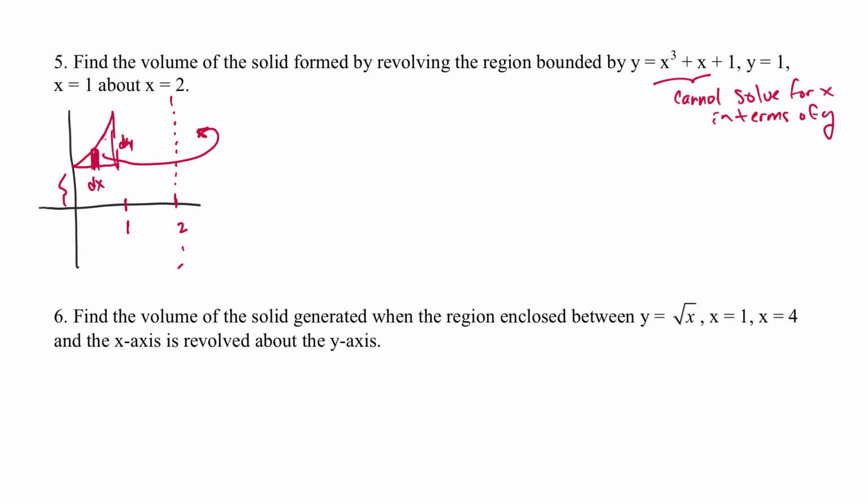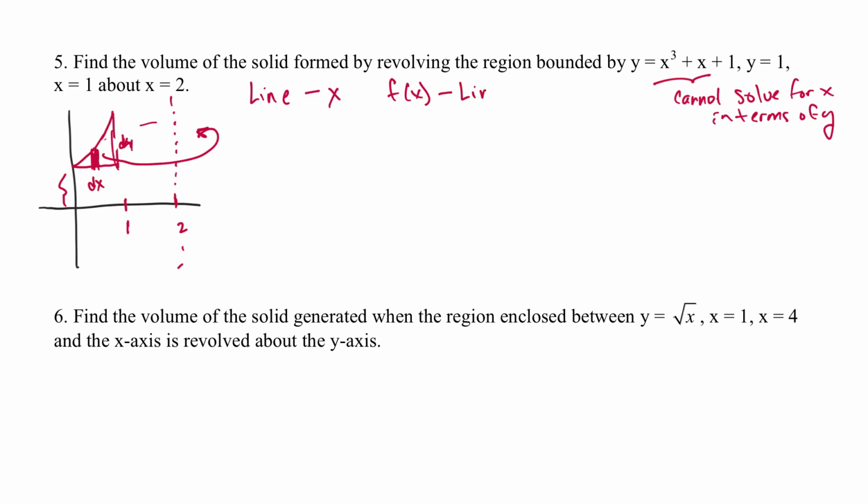And since it's not the y-axis, I need to do this a little bit different. I need to say the line minus my x in this case, because this is where I'm shifted. And I also need to say my f(x) minus my line, because it's not touching that line.